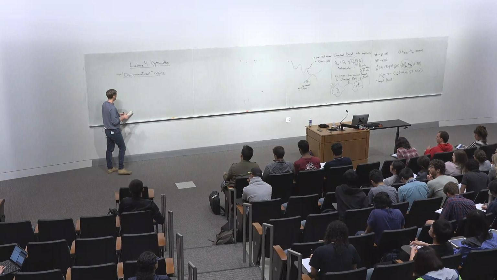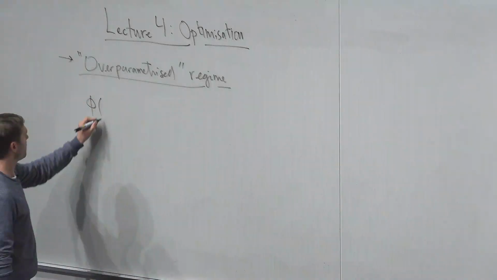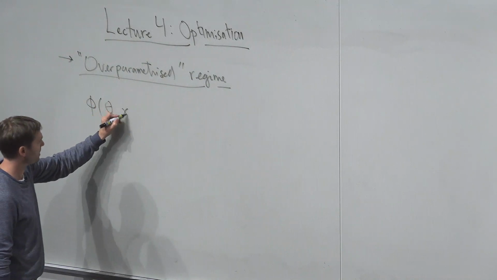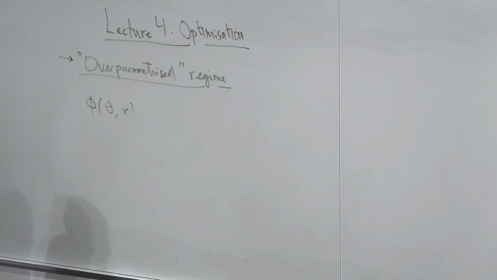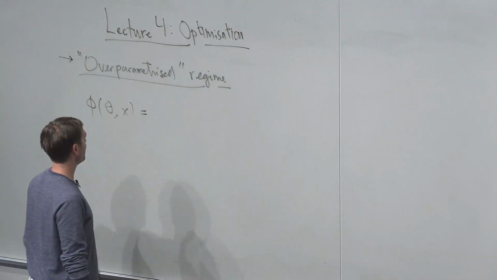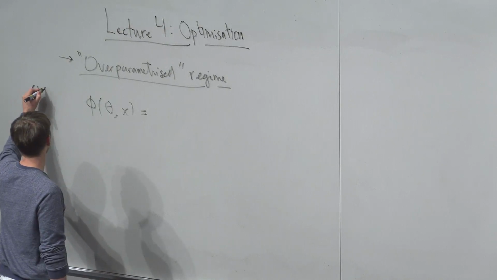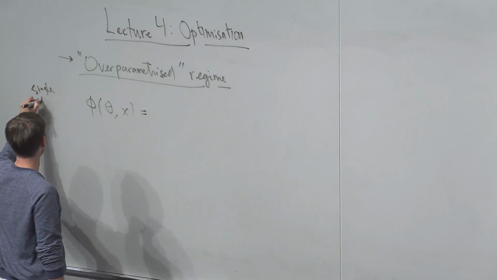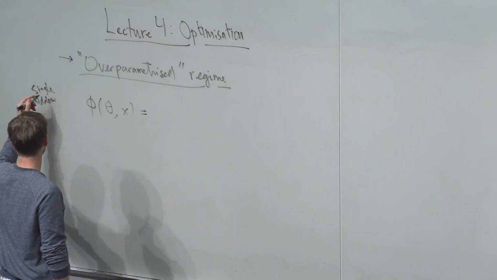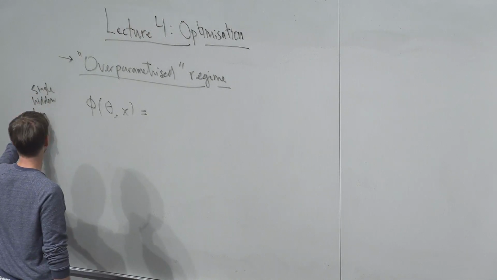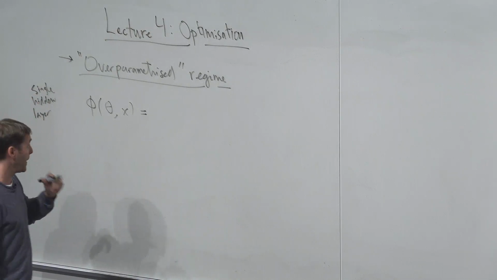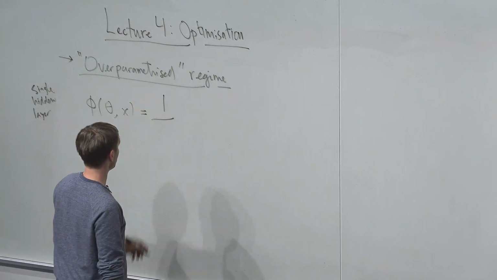So let's look at the simple example where my model now, I'm going to explicitly write it with the argument. I'm going to consider the single hidden layer model again. Let me choose that scaling.